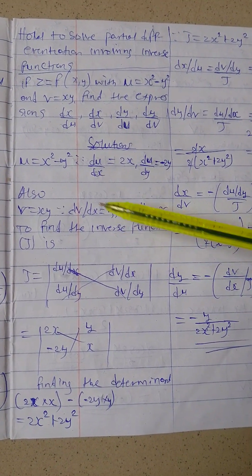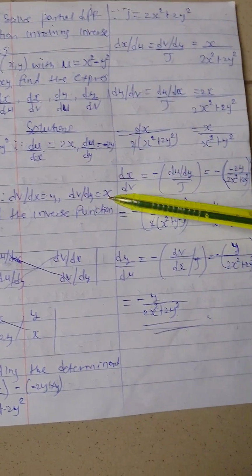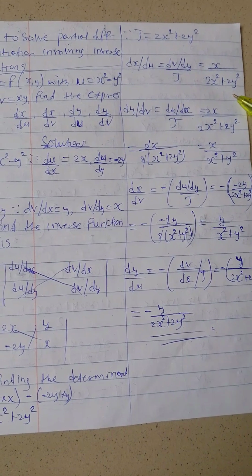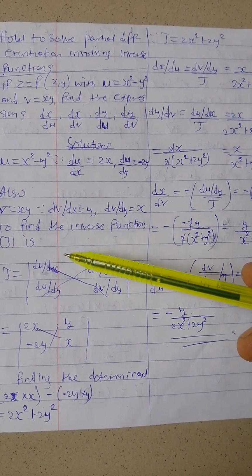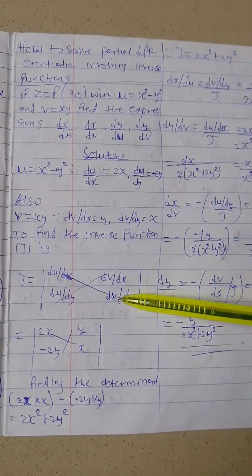Now ∂v/∂y is x. That becomes x over my inverse function, which is this over this. So that's the answer. After doing that, you do this one. Remember we did ∂x/∂u. Now, for here, you do the same thing you did here.